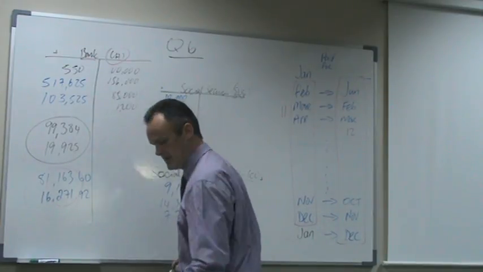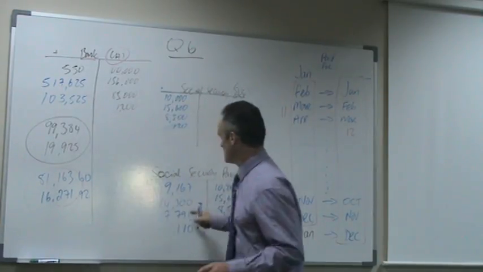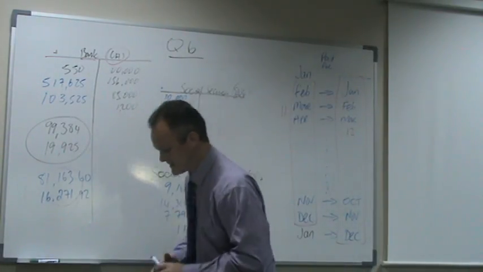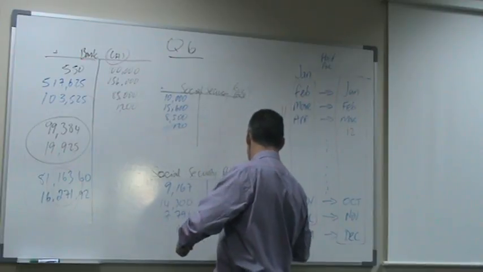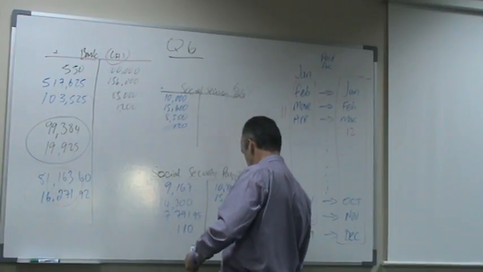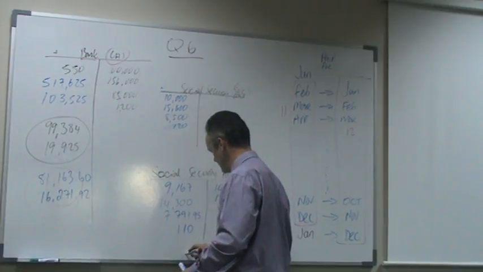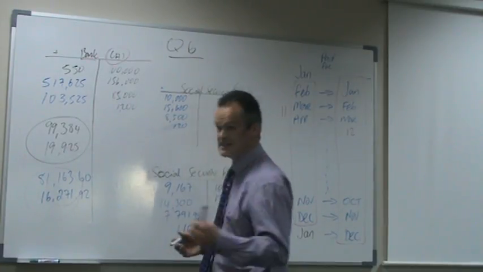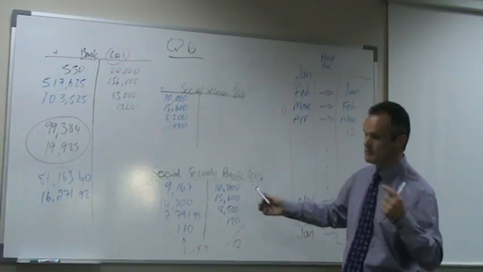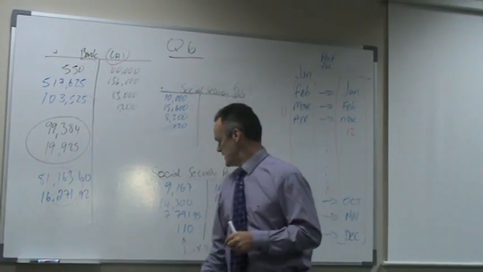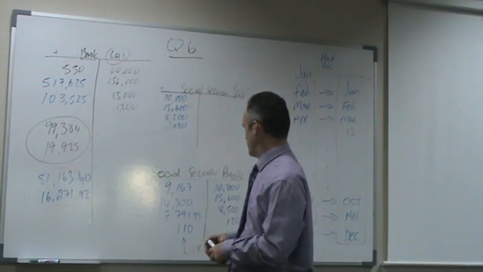There we go. And so this is what we've already paid this year, which is basically each of these divided by 12 multiplied by 11. Because it's 11 months. Divide by 12 to find the monthly cost, multiply by 11 to find the cost of 11 months. And we paid them from the bank.